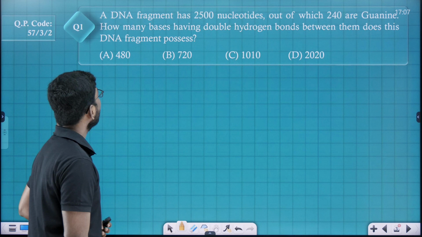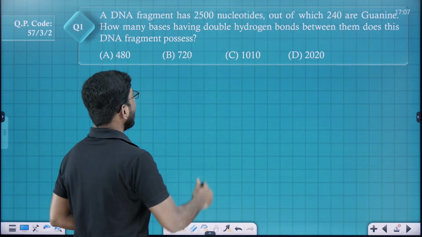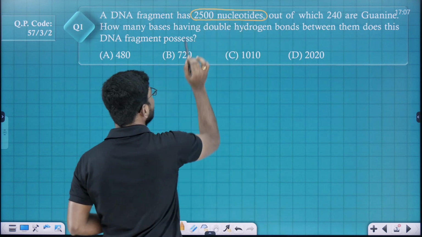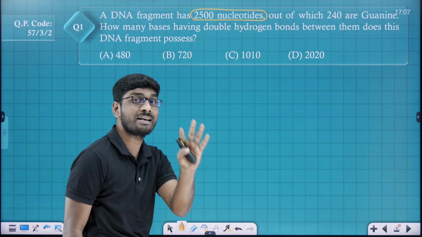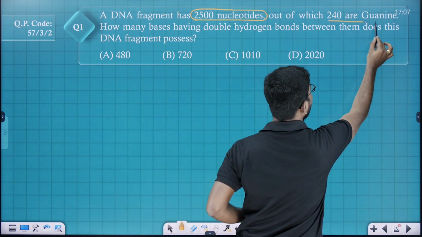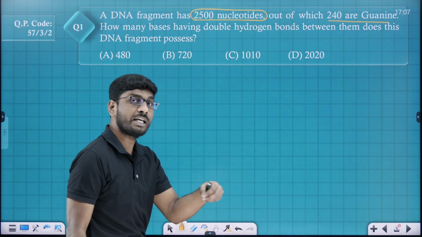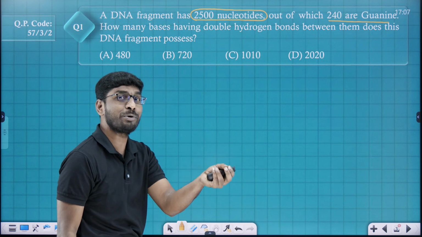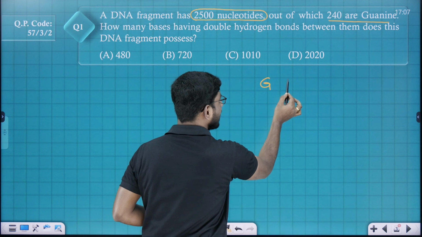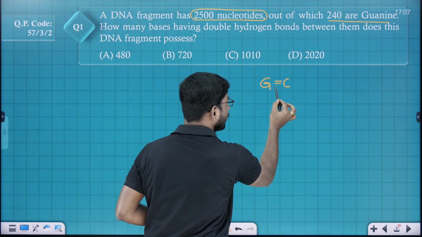In the first question, a DNA fragment has 2500 nucleotides, out of which 240 are guanine. Guanine is a purine. G pairs with what? G pairs with C with triple hydrogen bond.